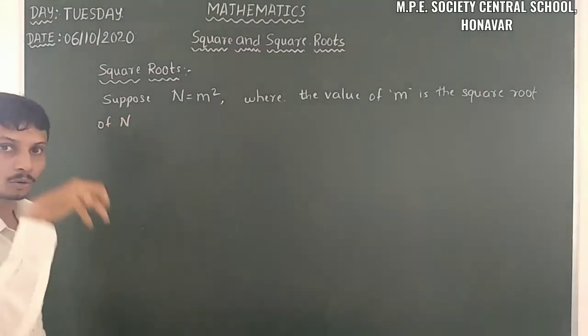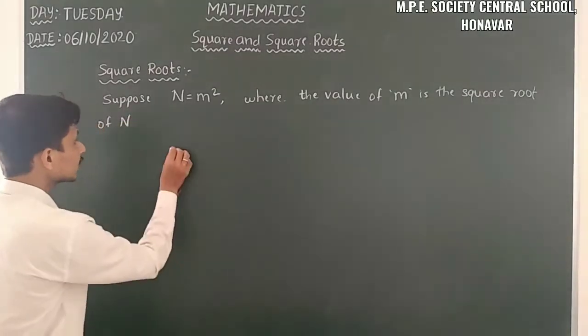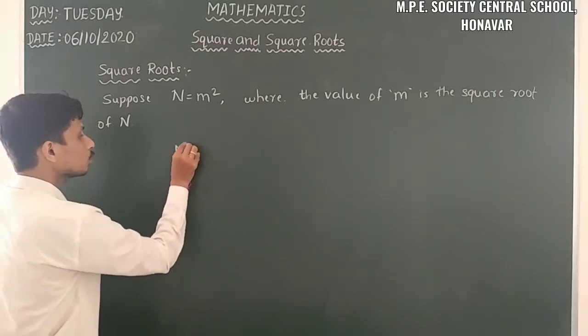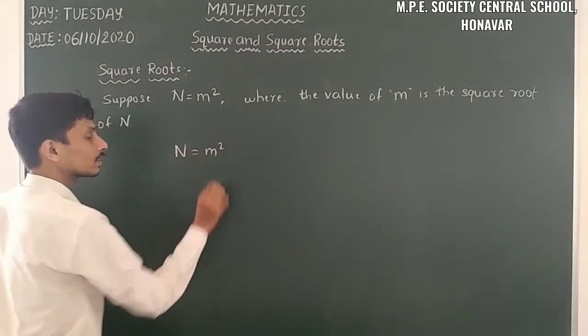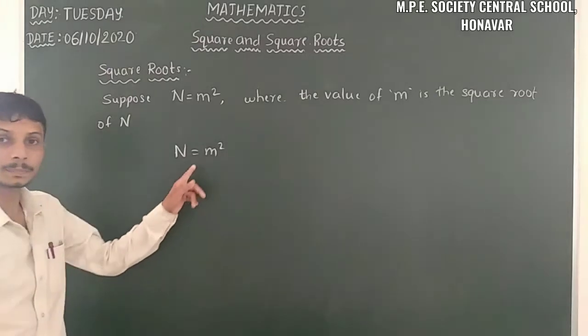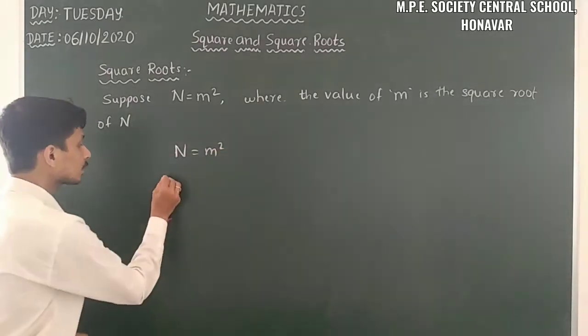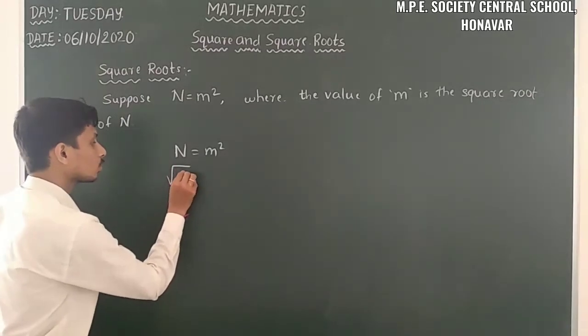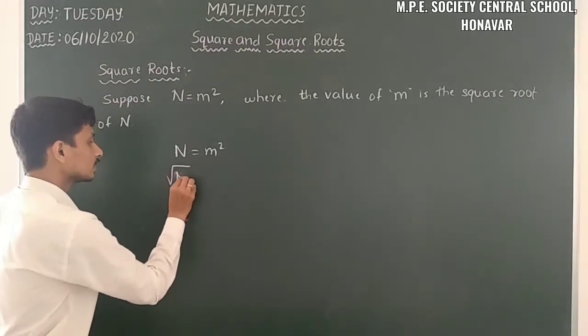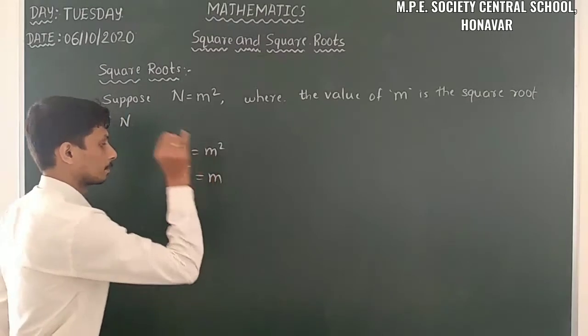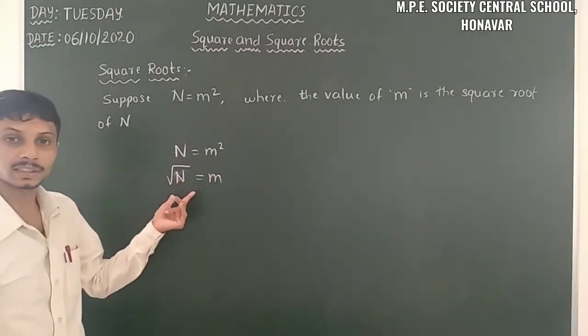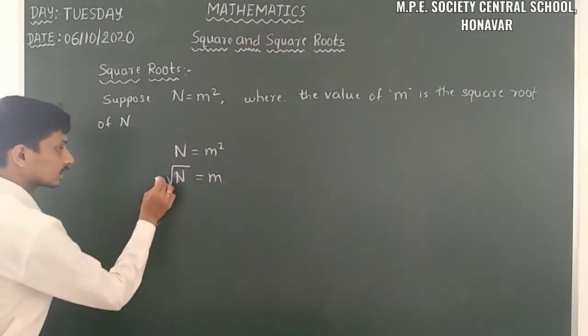So how can we represent this? We have n is equal to m square, therefore when we transpose this square to the other side, it becomes square root of n is equal to m. That means we represent it using this symbol.